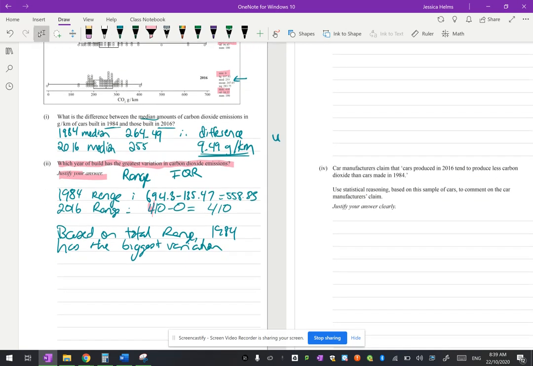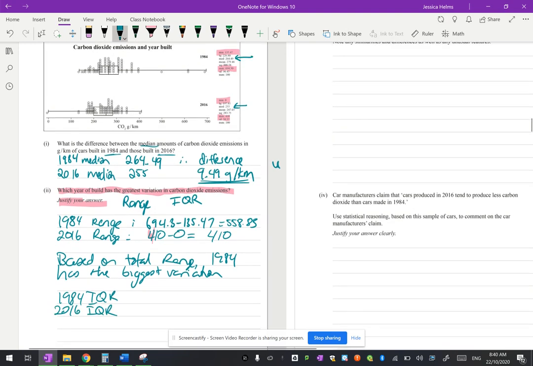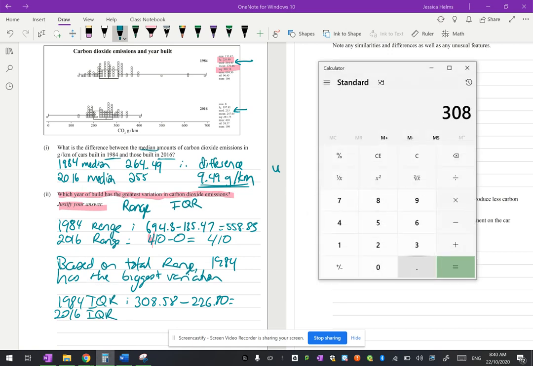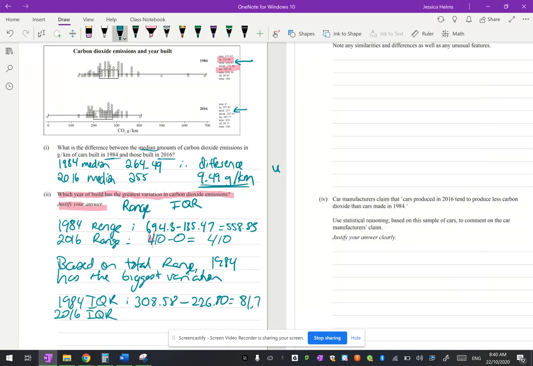However, if we take the interquartile range, the 1984 interquartile range and the 2016 interquartile range, the interquartile range is the upper quartile minus your lower quartile. So that would be 308.58 minus 226.80, which is 81.78.